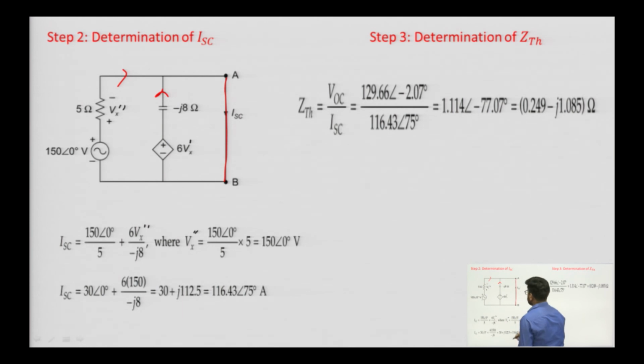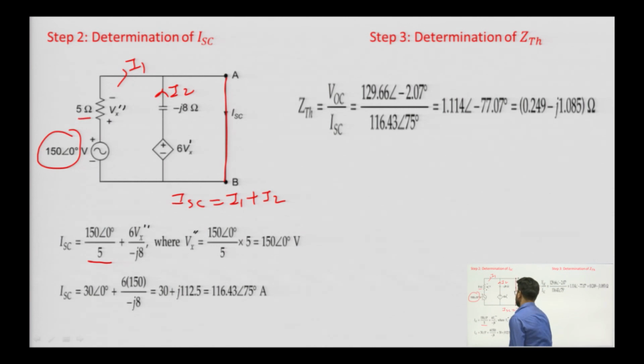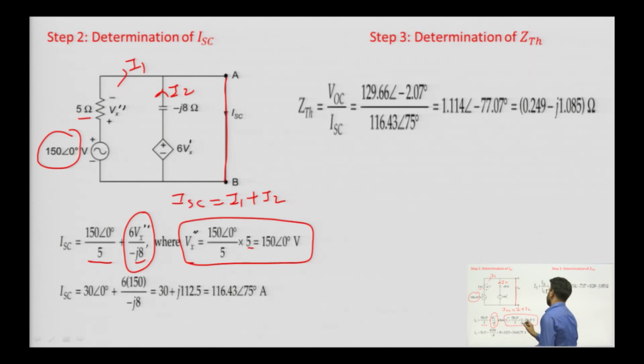So, the total current, suppose it is I2, if this is I1, then ISC will be equal to I1 plus I2. I1 will be equal to 150 divided by 5 ohm, plus 6Vx' divided by minus j8 ohm. Vx' we find as I into R, 150 divided by 5 multiplied by 5, which is 150 at an angle of 0.